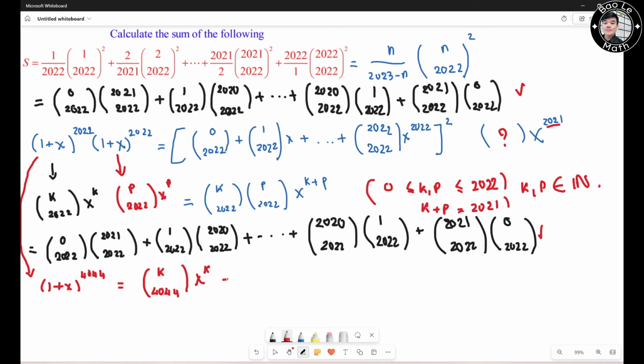Now in this situation k equals 2021, so we have the coefficient in front of s to the 2021. It's going to be C(2021, 4044).